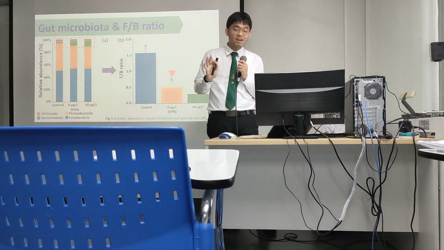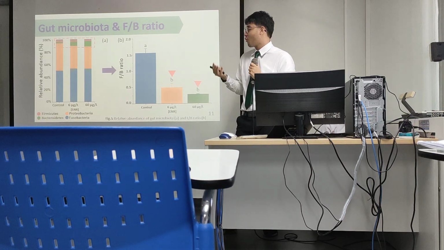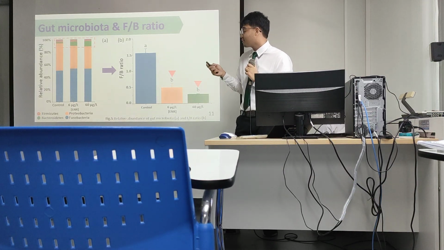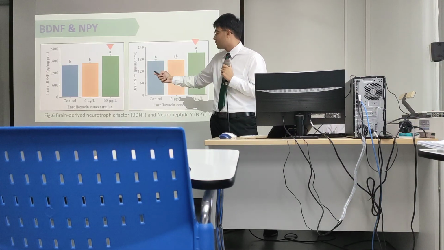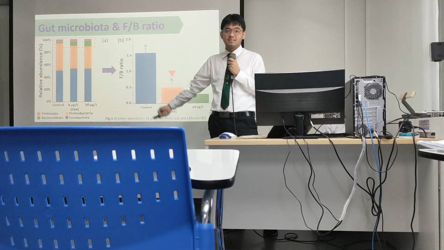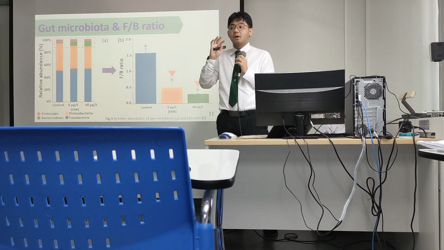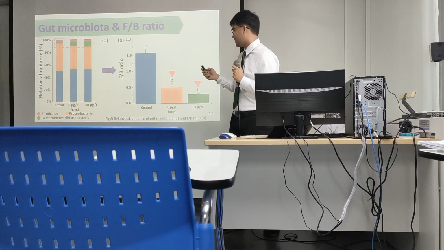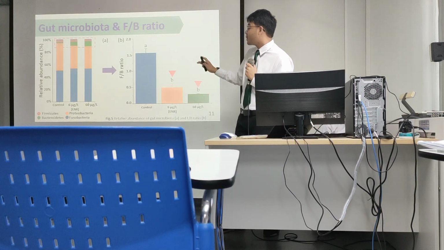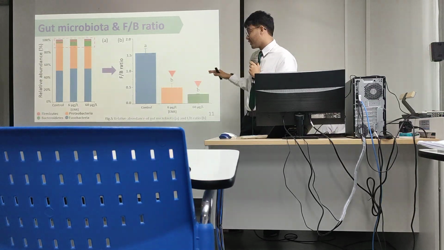Now the microbiota and the F/B ratio. There are many groups of gut microbiota, but we only focus on Firmicutes and Bacteroidetes, because these two groups of bacteria indicate the health of the fish. You can see in the F/B ratio, at both high and low concentrations, it decreases with significance.